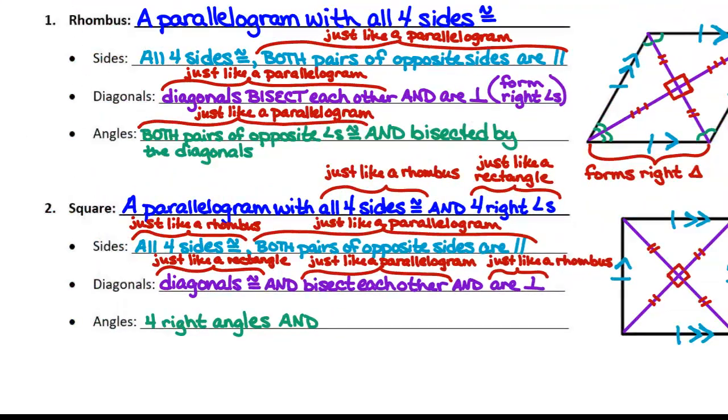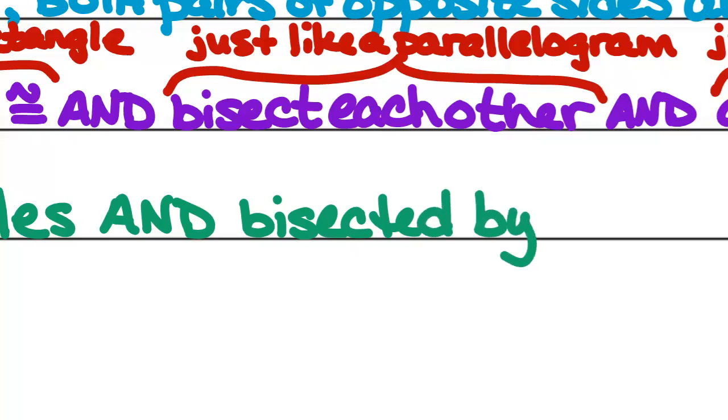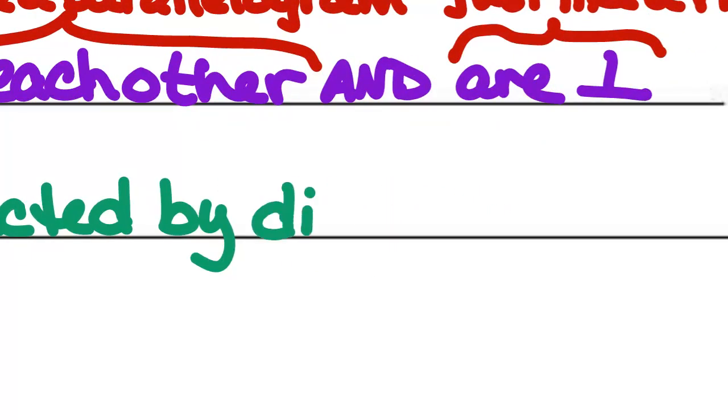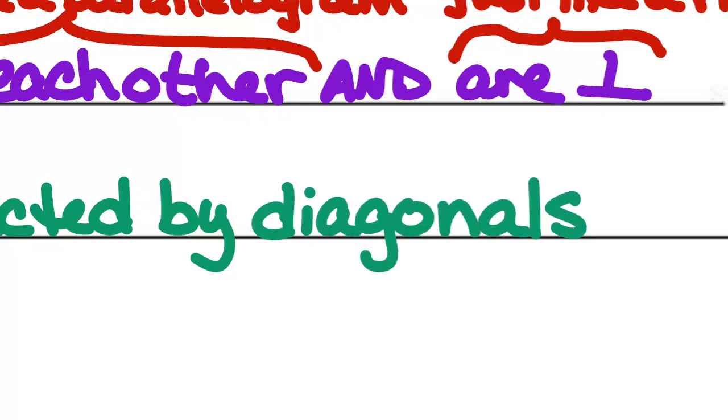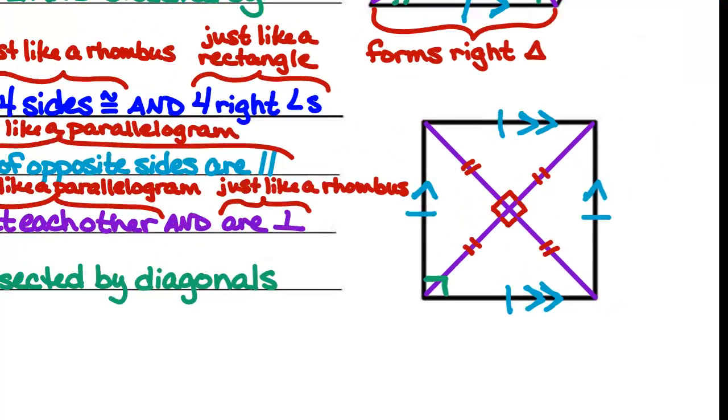And they are bisected by the diagonals. So every corner in our square is a right angle.